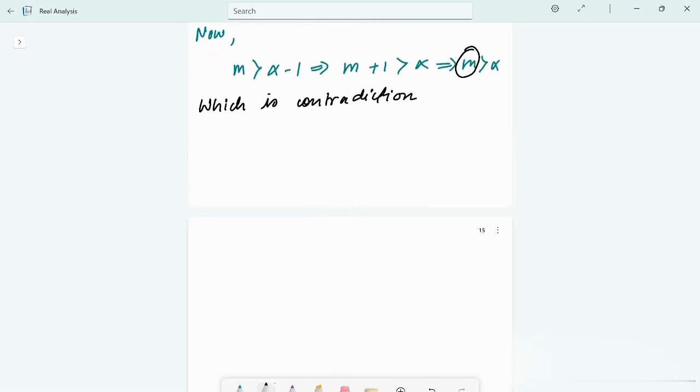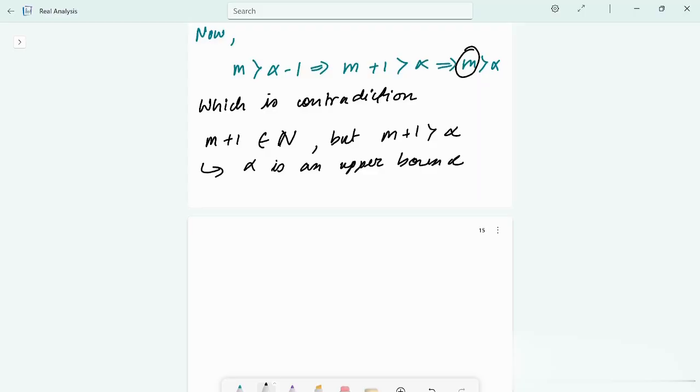Now, if I explain it, m plus 1 belongs to N, right? But m plus 1 is greater than alpha, which contradicts the concept that alpha is an upper bound. We found a natural number greater than alpha, but we assumed alpha is bigger than all natural numbers. Hence, our last statement for this proof is, hence, N is not bounded above.